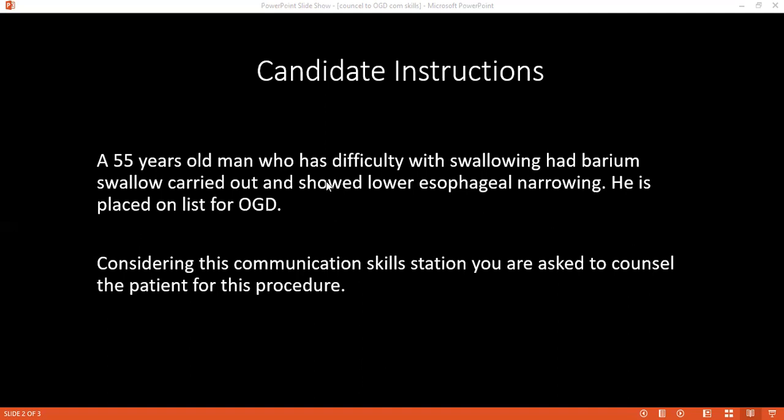Yes, please continue. One can draw on the paper just to demonstrate the OGD. That he can add. Suppose you're doing this in an examination and you have this patient.